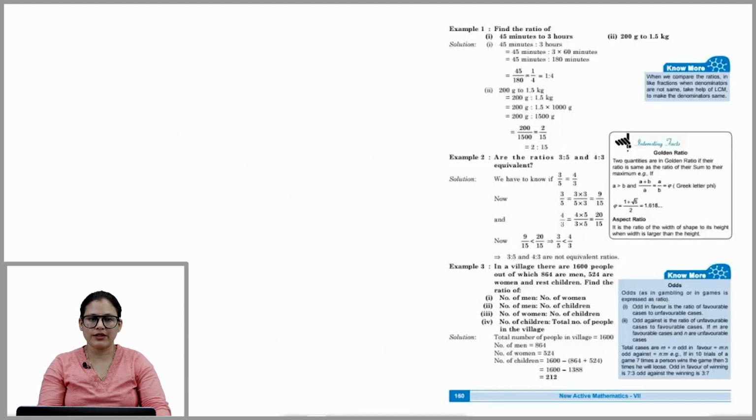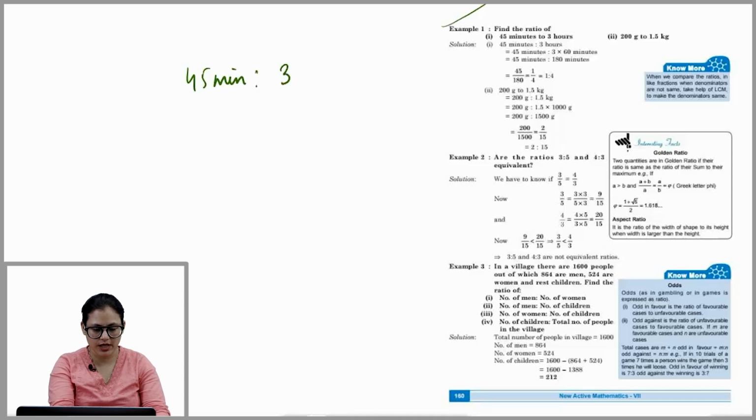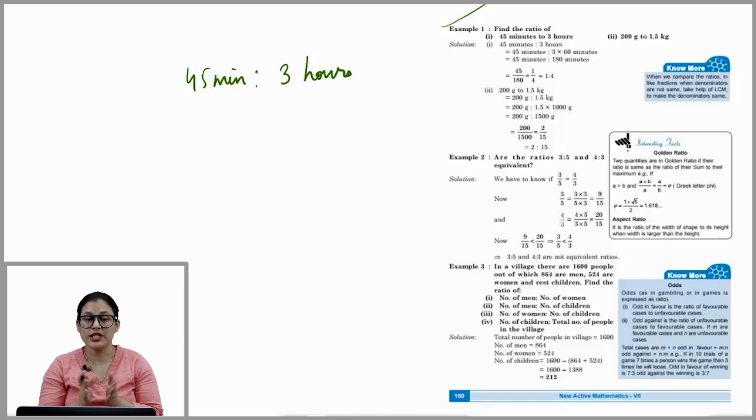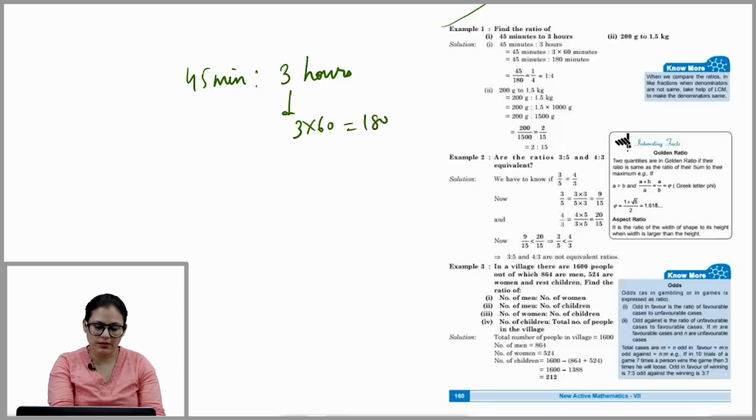Let's do example 1. Find the ratio of 45 minutes to 3 hours. Both the units are not the same, so first we'll make these units the same. 1 hour is equal to 60 minutes, then 3 hours is equal to 3 into 60, that is 180 minutes.